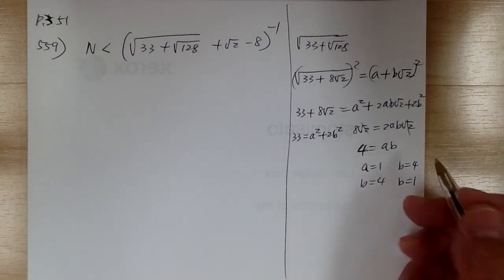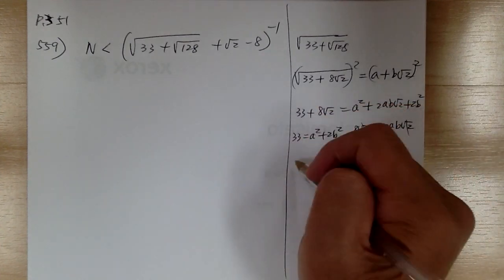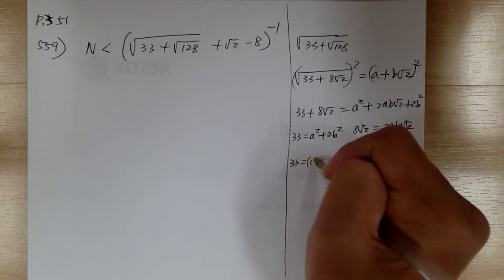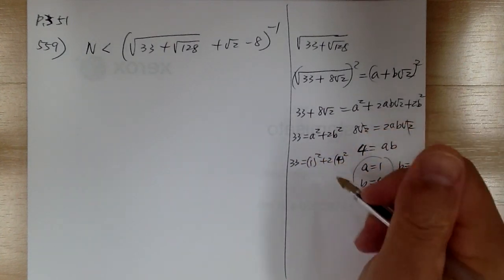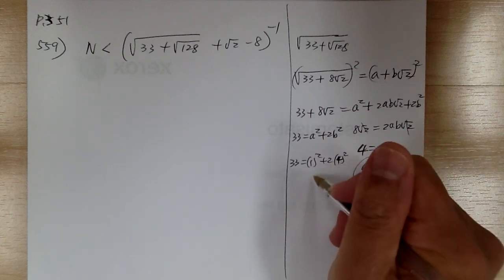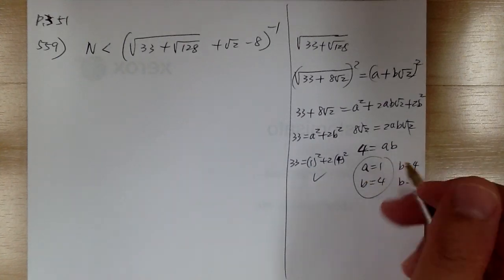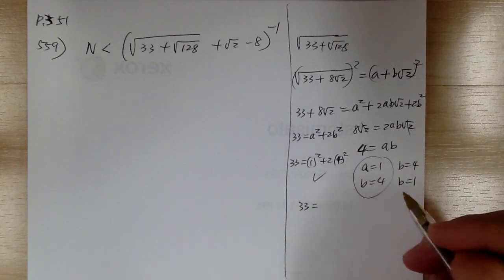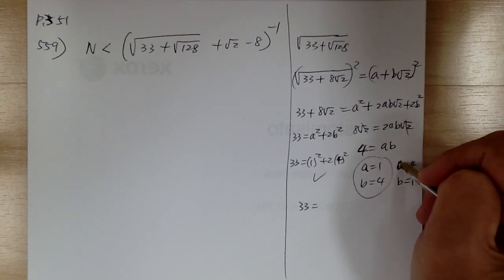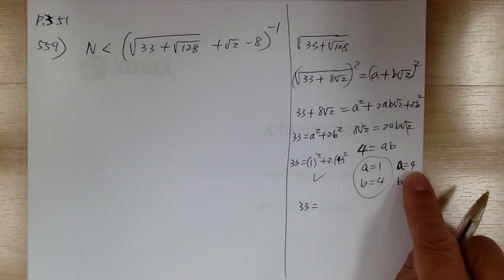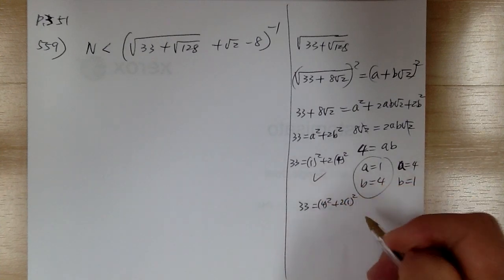Okay. So if you try this one here, so you got 33 equal to 1 square plus 2 times 4 square. Okay. And this one works. Then if you try this one here, so you got 33 equal to, when a equal to 4, so you got 4 square plus 2 times 1 square.